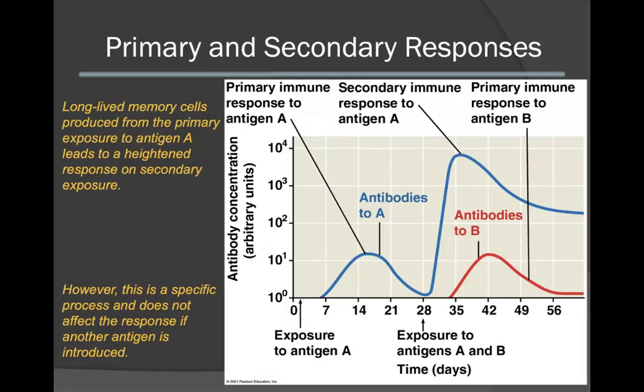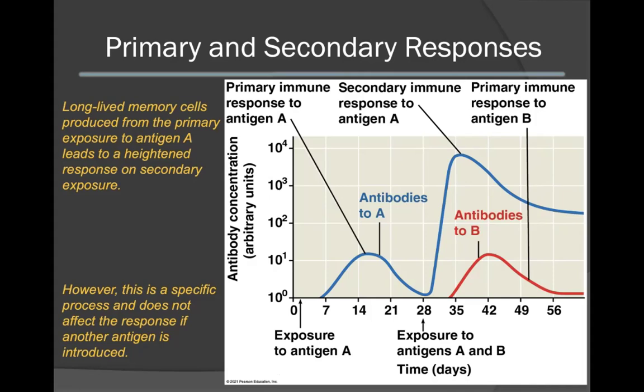This diagram depicts the difference between primary and secondary response and also shows the specificity of immune responses. If we take a look at the graph below, we can see that on days 7 to 14, we see an increase in the production of antibodies to antigen A. This is involved in the primary immune response.